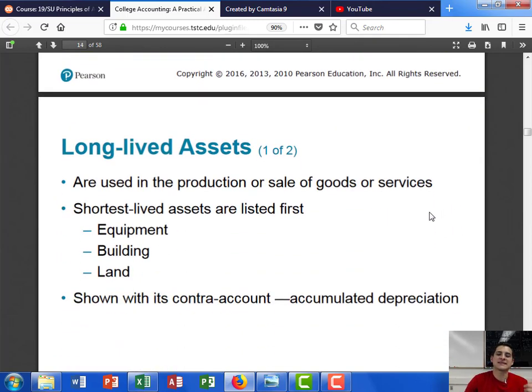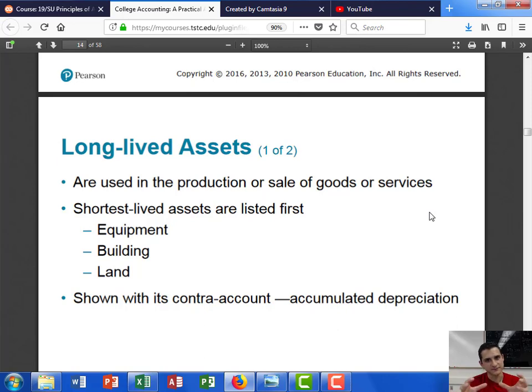Now, long-lived assets is the other area of the asset area. That only means equipment, buildings, and land. So long-lived assets meaning that you're going to hold them for a long time. So like that delivery truck that I was talking about, you wouldn't want to sell it right away because that's a very valuable functioning piece of your business.